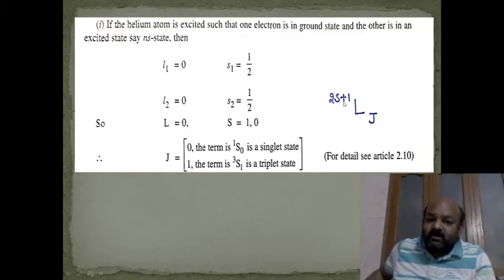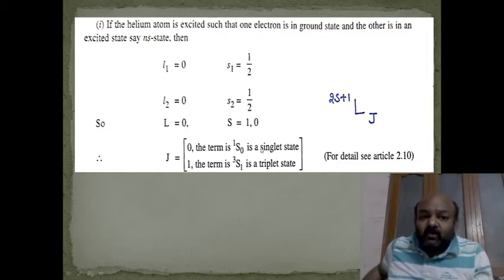So this state is 3S1. When we come to the other state, S equal to 0, L equal to 0, 2 into 0 plus 1 is 1. L equal to 0 corresponds to an S state. 0 plus 0, the J value is 0.